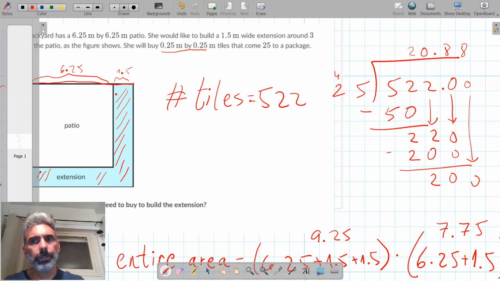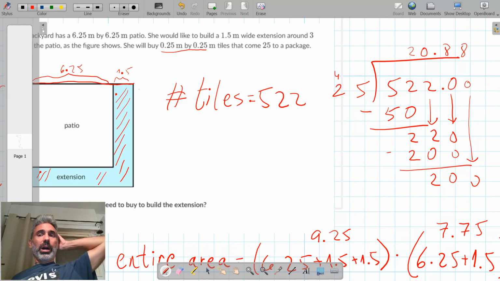So I need 21 packages. So I need 20 packages plus 0.888 packages.